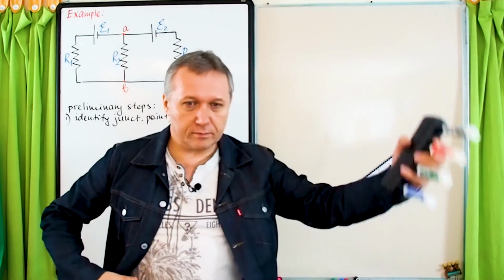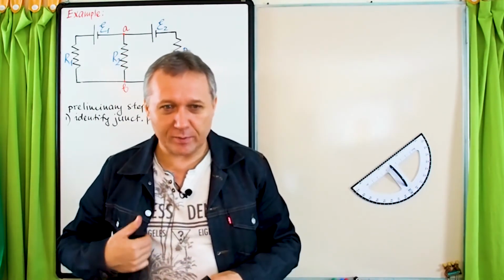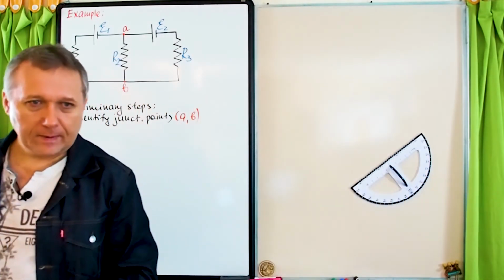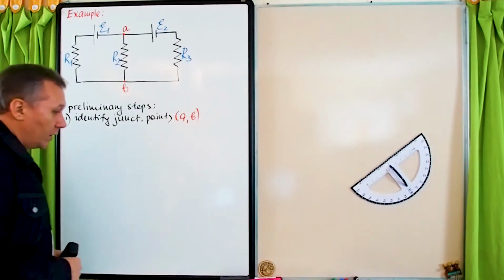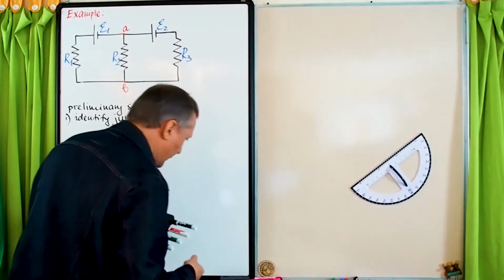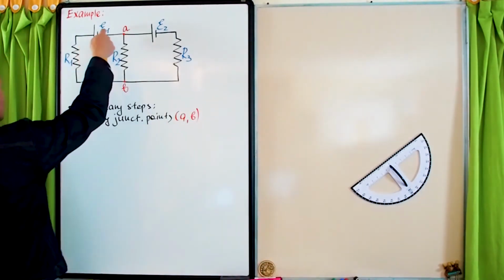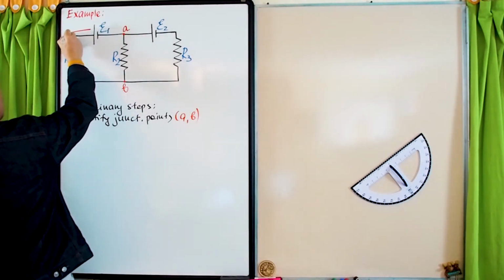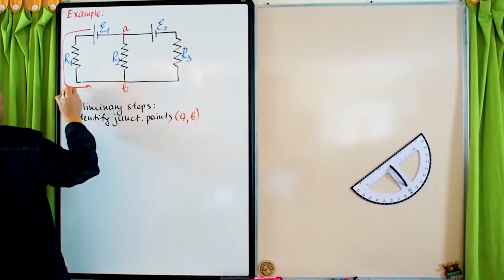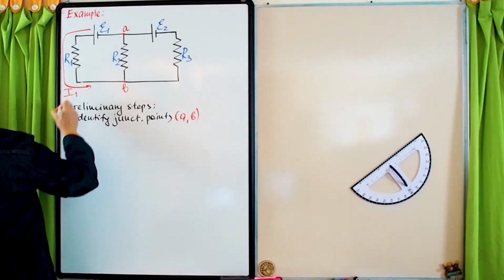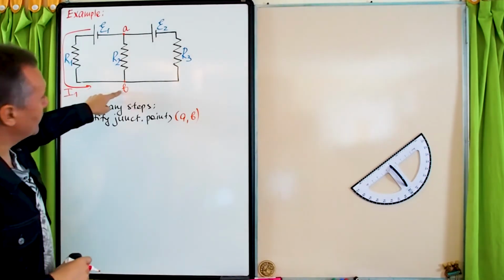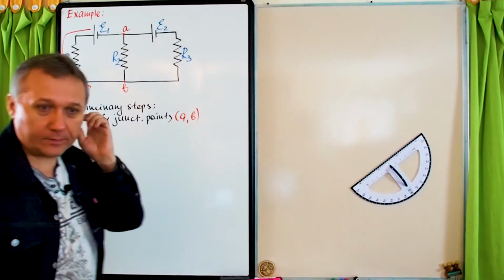Maybe people from the EE department, with lots of experience, maybe they can, although I doubt it. So let's assume, I will follow my notes, my direction is this way. So this is I1.